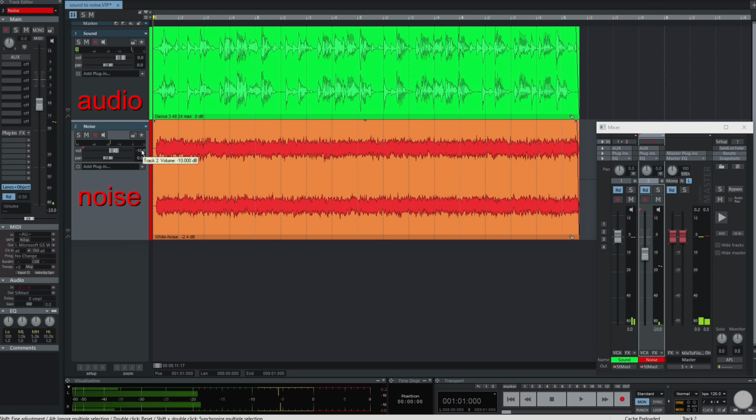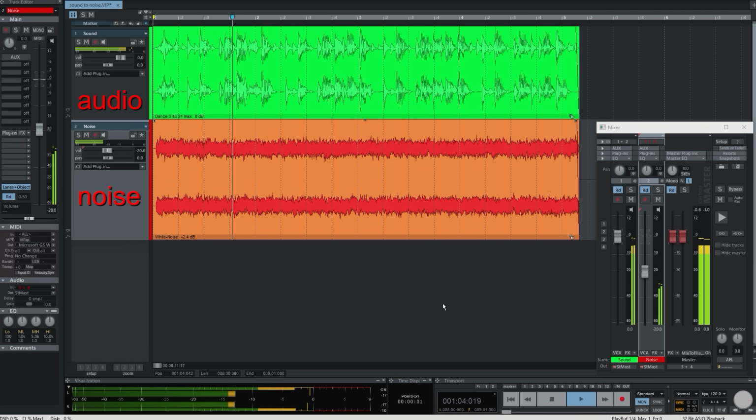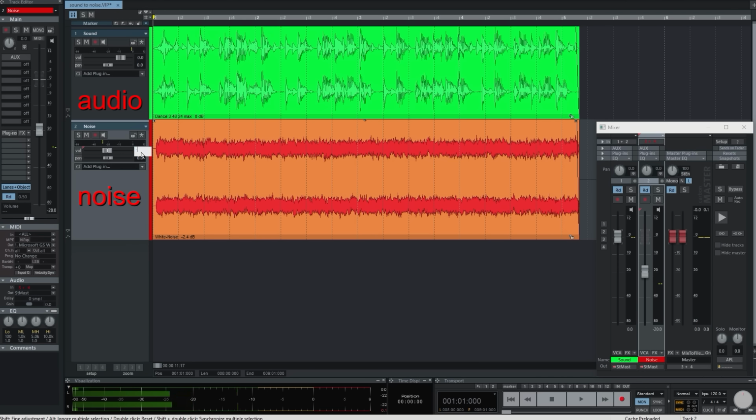Here it is at a ratio of about 10:1. And even at this level, the noise is intolerable. So you really need the lowest possible sound to noise ratio.